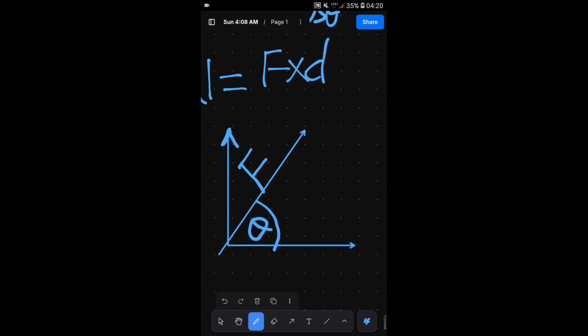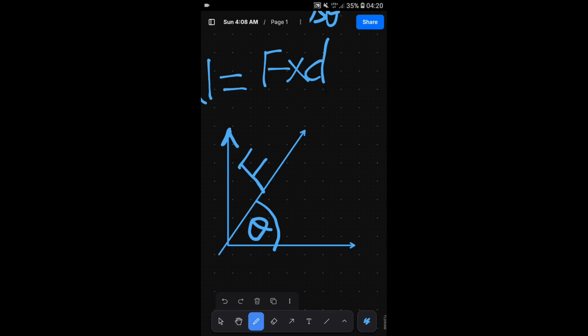In the case of work done, if we resolve a force into its vertical and horizontal components, the component of the force that produces work done is the component that moves in the same direction as the direction of motion when the force is applied on the object.